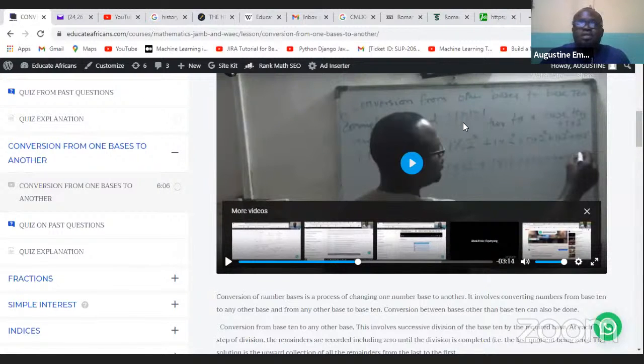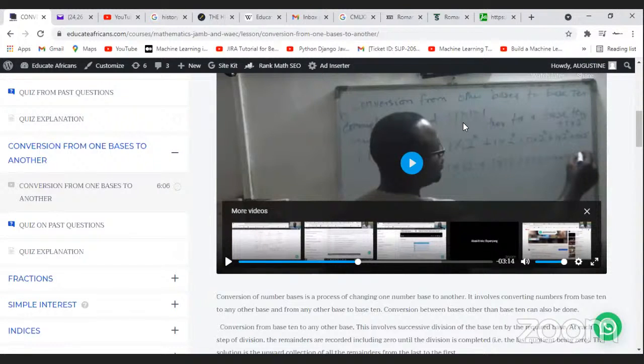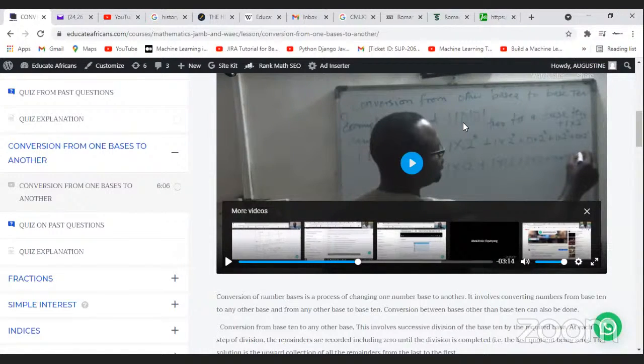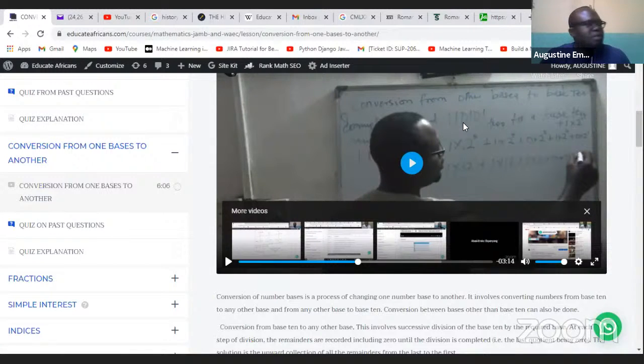That's the secret to doing it. Even if you're given any mathematics to do, like division or any other operation, make sure you always convert to base 10. Then solve the problem. After solving the problem, convert back from base 10 to the base that you want.